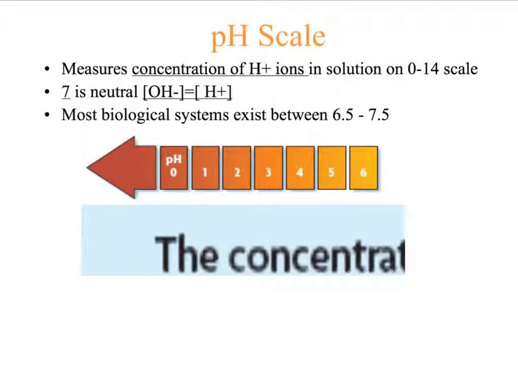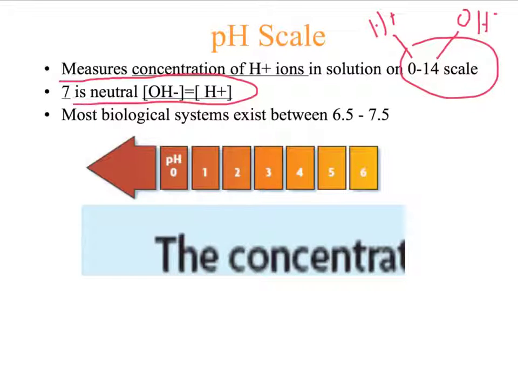Always, the scale is from 0 to 14, where 0 basically means all hydrogen ions, and 14 basically means the entire solution is hydroxide ions. However, if those two are equal, then we say that it's a neutral solution. In other words, there's exactly the same concentration of hydroxide as there is of hydrogen ions.